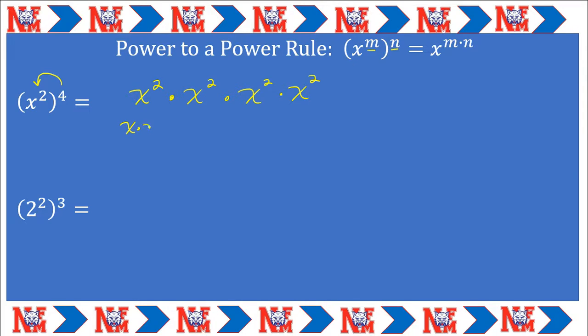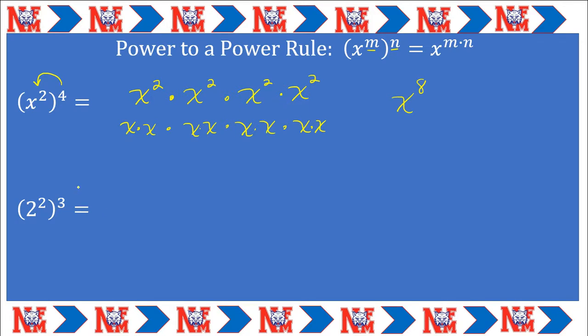We have x times x times x times x times x times x times x times x. So now we can put this all together and we really have x to the 1, 2, 3, 4, 5, 6, 7, 8th power. So you can see that 2 times 4 is what gave us 8.